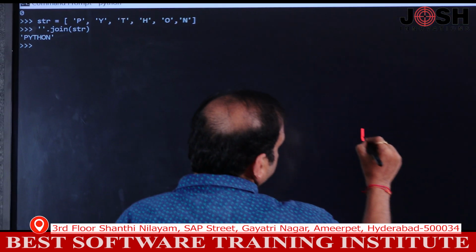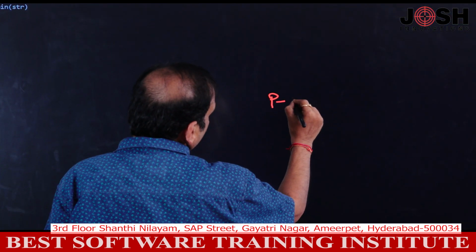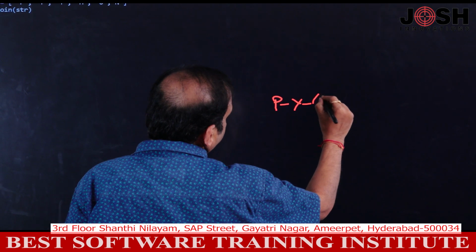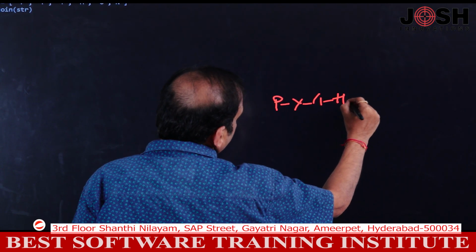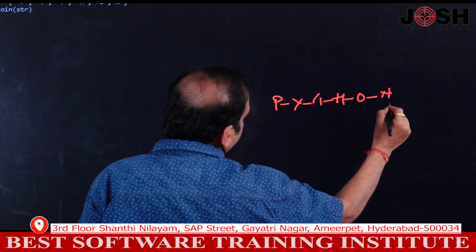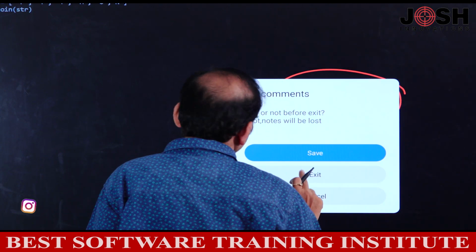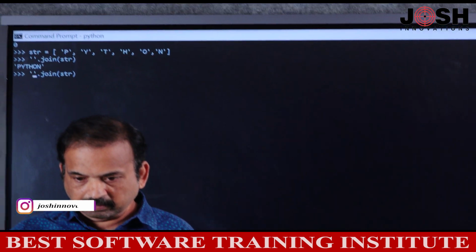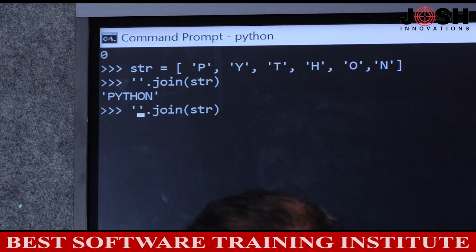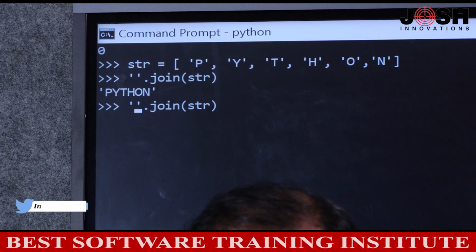I want P-Y-T-H-O-N. I want to output like this. If you want to output like this, what do you do here? Dot join here in the brackets, not brackets, single quotes here.